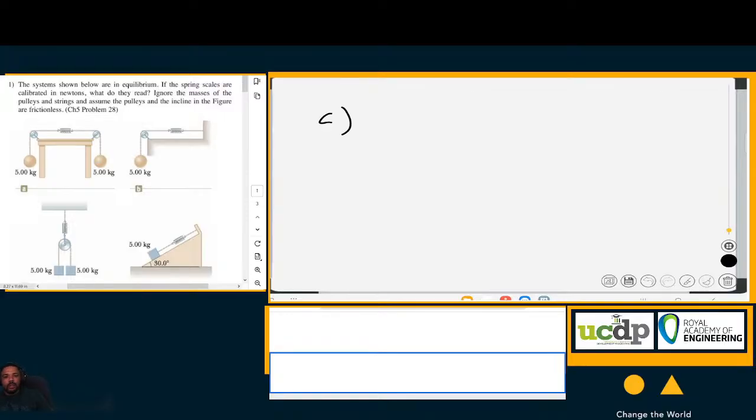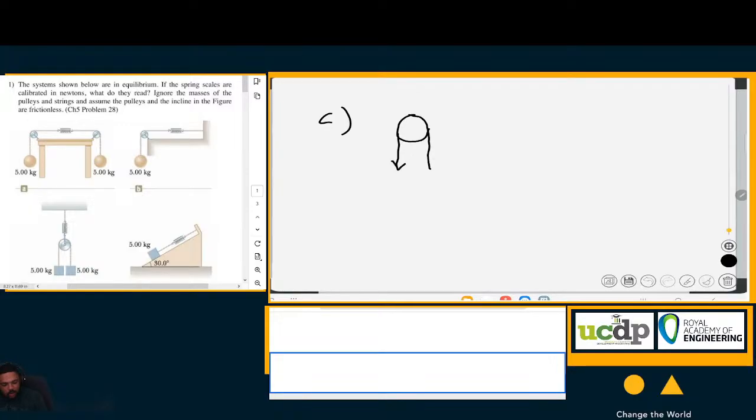We have two masses hanging from a pulley on both sides. There's a 5 kilogram mass on each side. So this is the situation. We have a pulley. I can't seem to draw my circle perfect. There we go. That's as best I can do. We have one force this side and one force on that side.